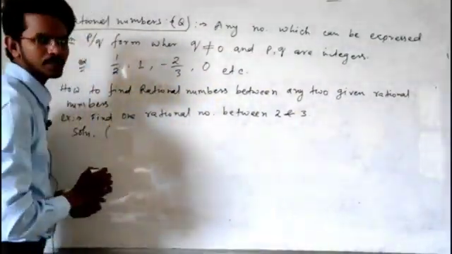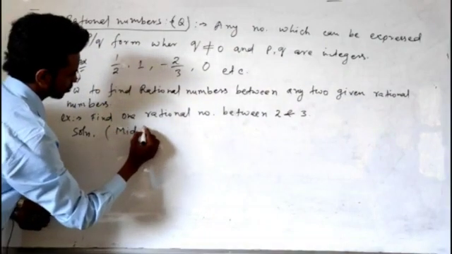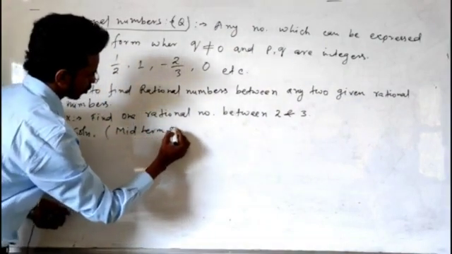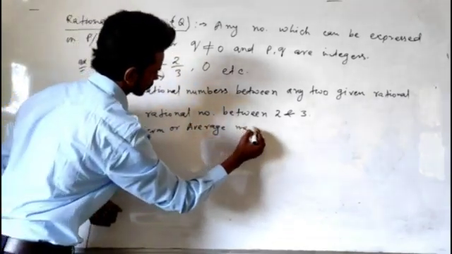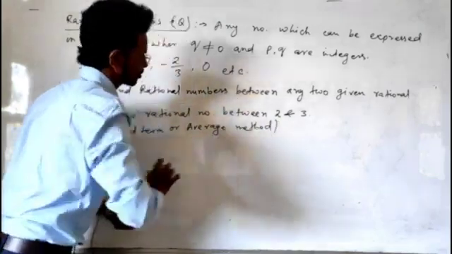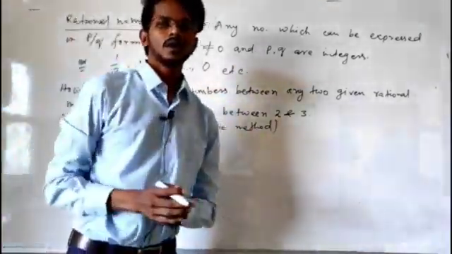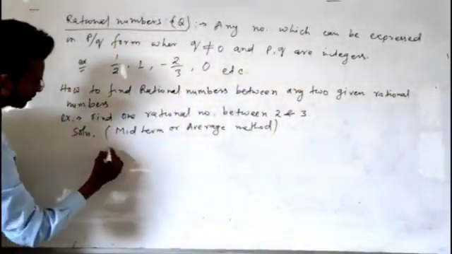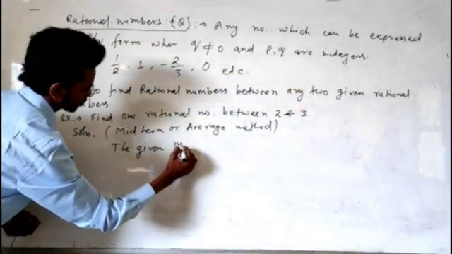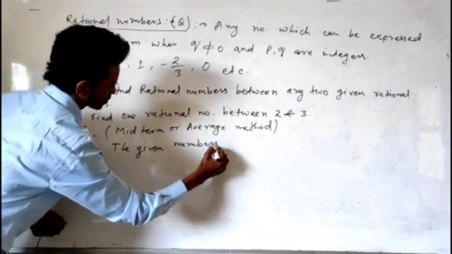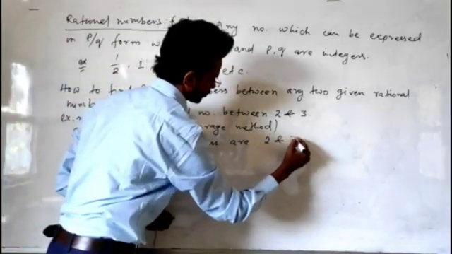Which method we are using right here is mid term, or we can say average method. Solution: here the given numbers are 2 and 3.